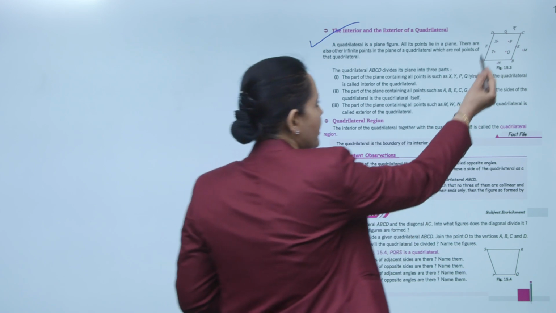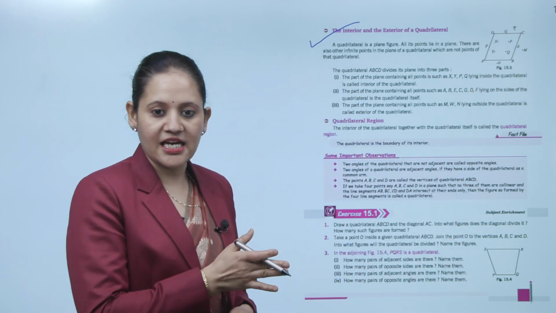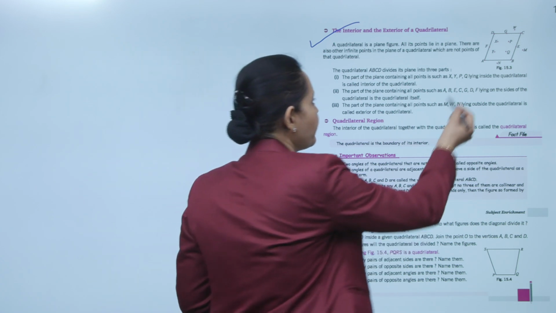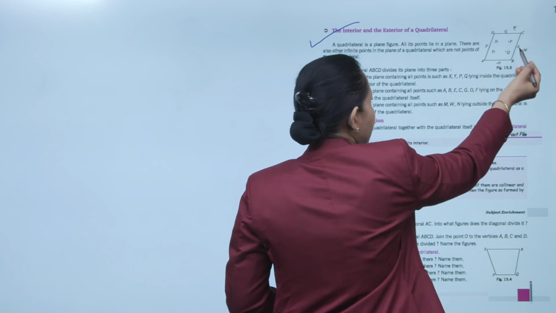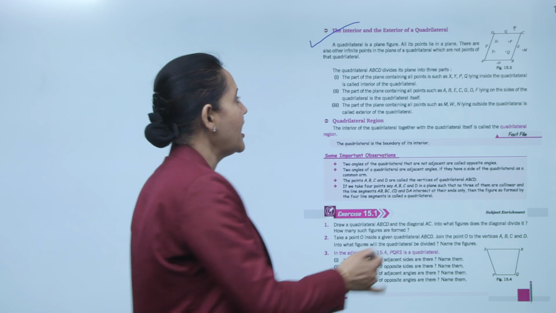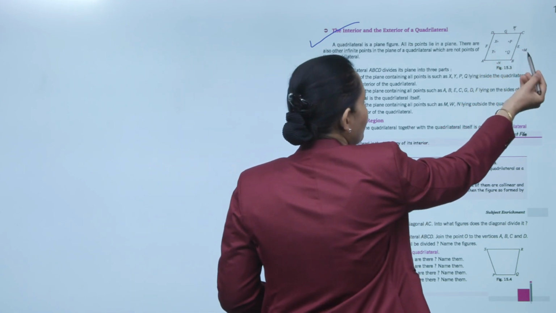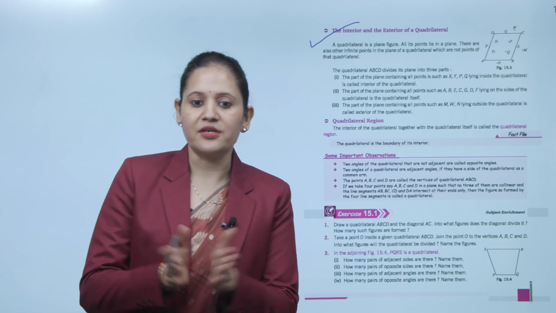So, all the points X, P, Y and Q are inside or in the interior of the quadrilateral. Points A, F, D, G, C, E, B are the points on the quadrilateral. And W, M are the exterior points or exterior part of the quadrilateral.